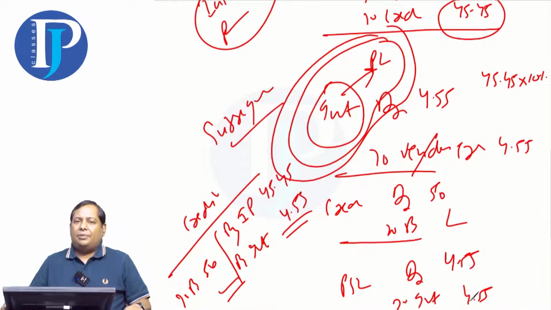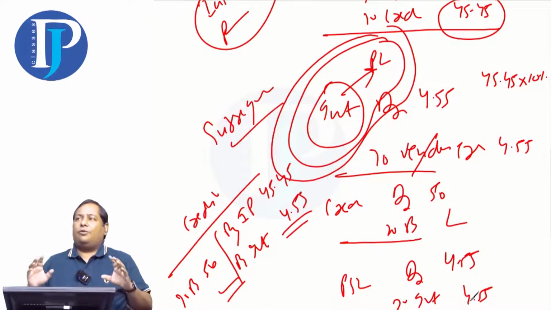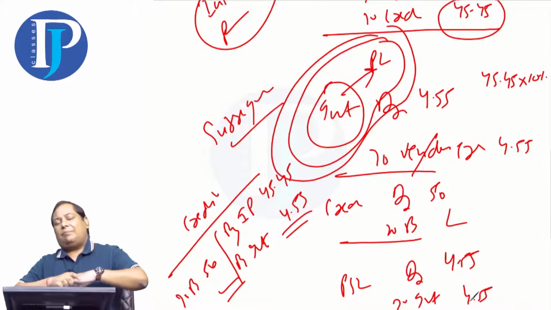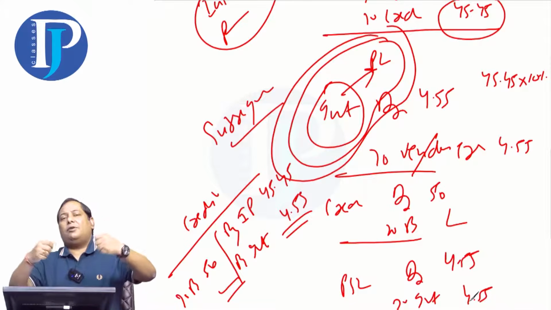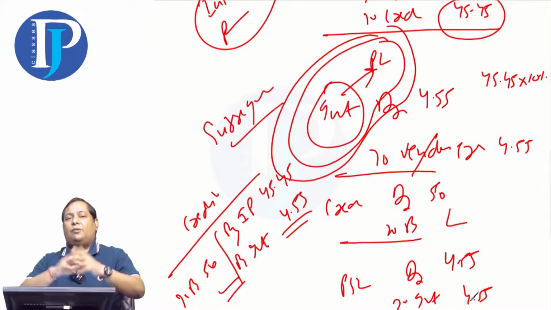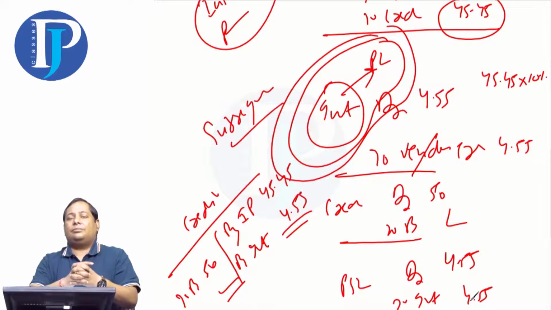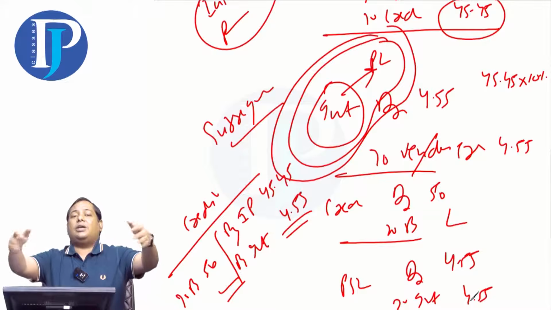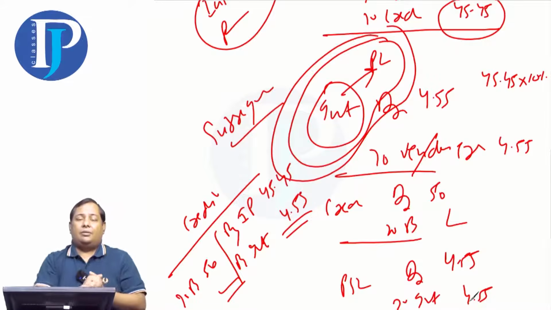When you make a purchase on deferred credit, you have to follow certain steps. The first step: calculate the present value of all future cash outflows at market rates.